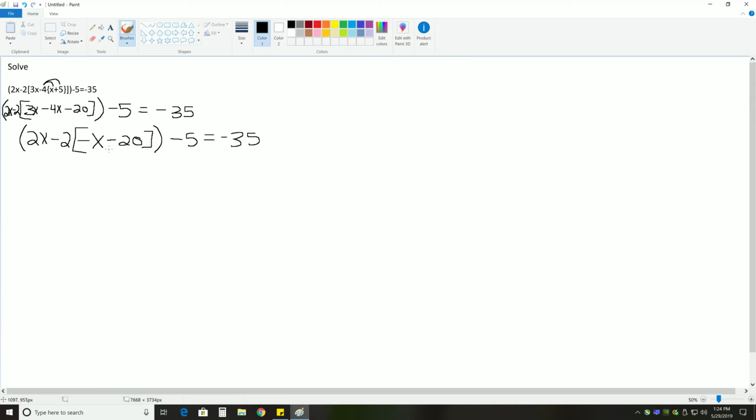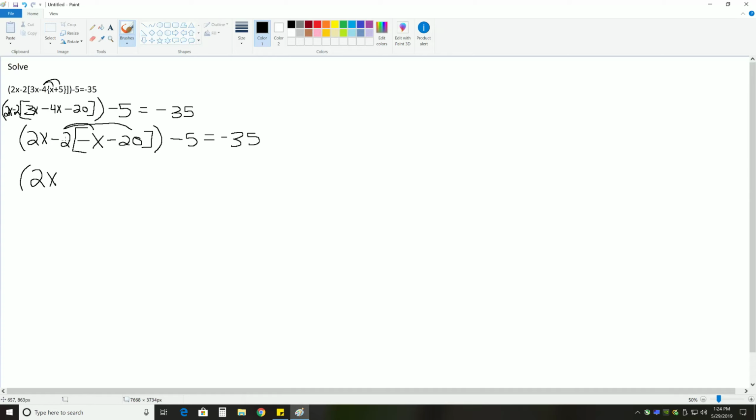Now that we've simplified inside of these brackets, we can distribute the negative 2 just like we distributed the negative 4. This time I'm going to start all the way from left to right, which is how I generally recommend you approach these problems. I just wanted to make each of those steps clear as we started. We copy down our 2x.